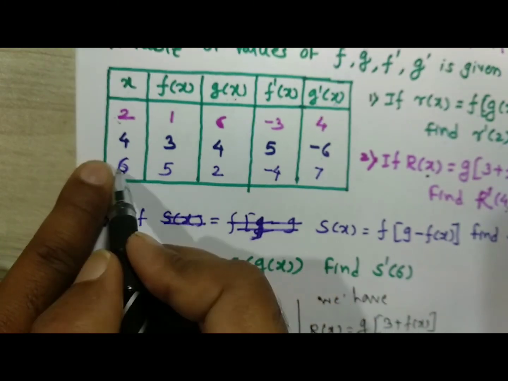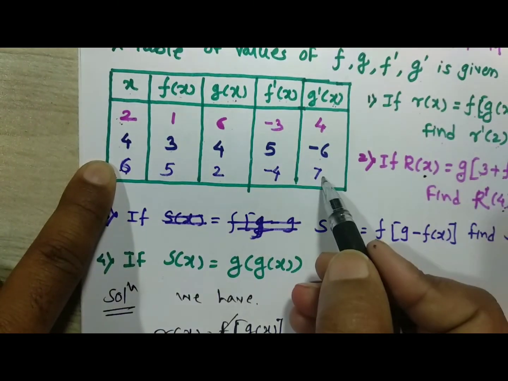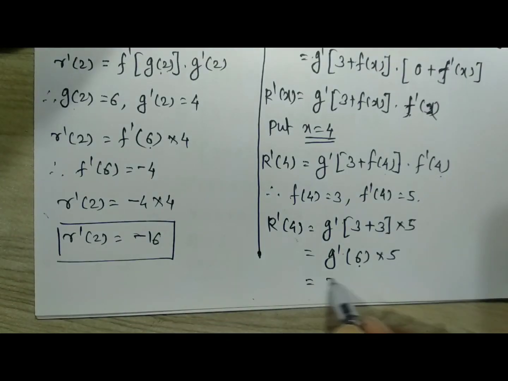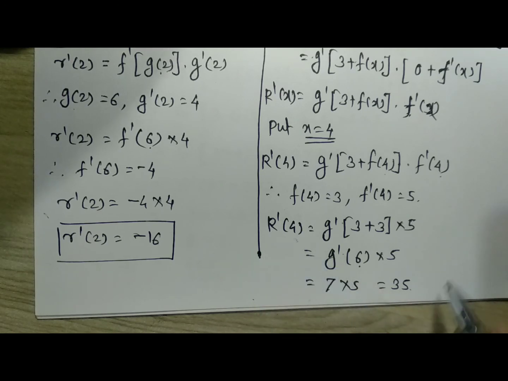If x is equal to 6 at that time g dash is equal to 7, and therefore you will get 7 into 5, that means 35, and this is your derivative. r dash 4 is equal to 35, and therefore r dash 4 is equal to 35.